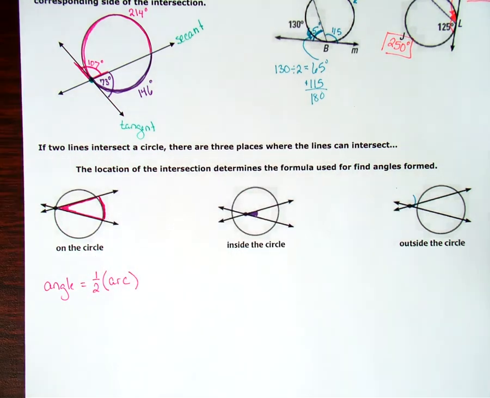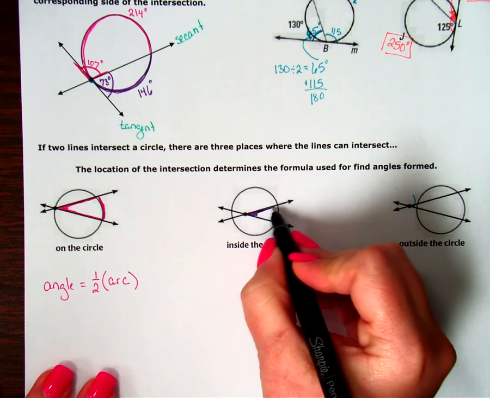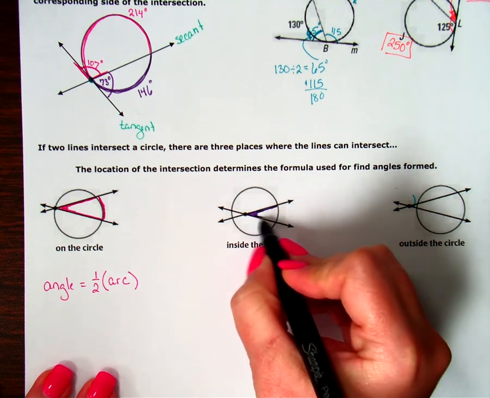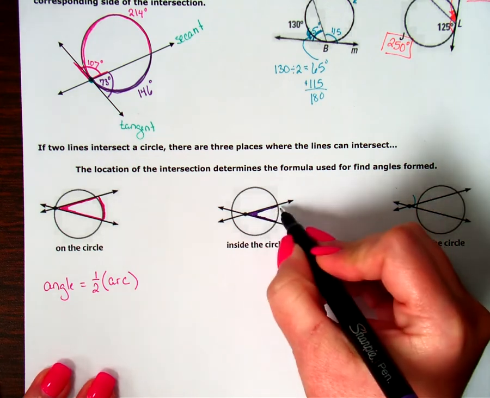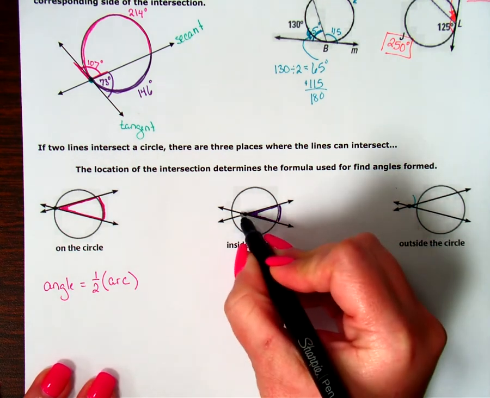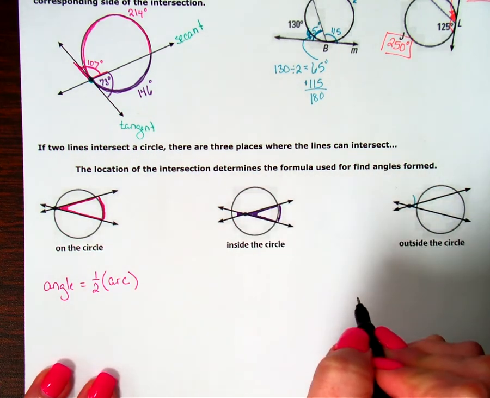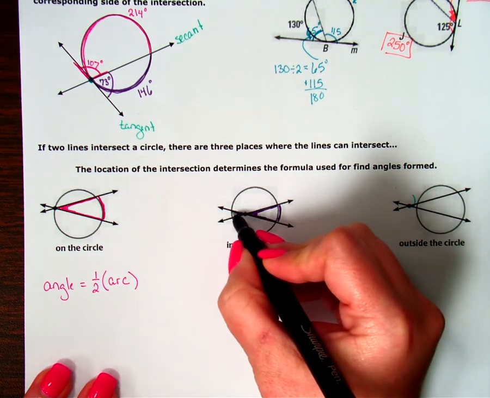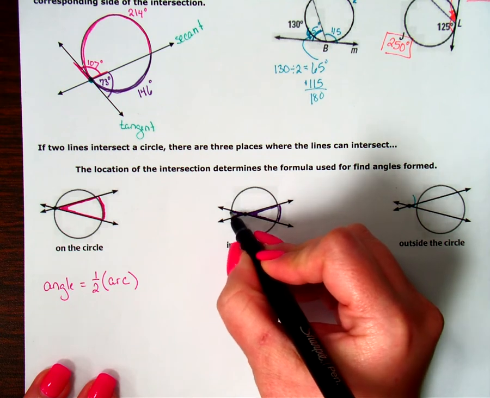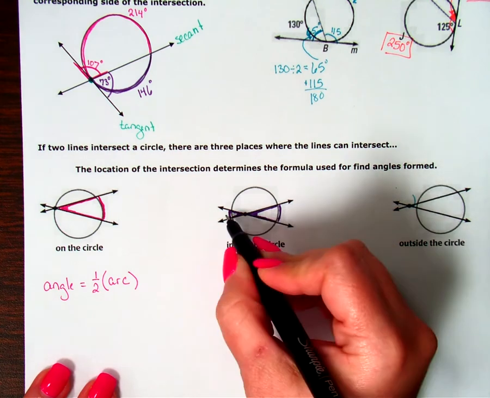Okay, if we're inside the circle, it's a little bit different, because if I come out from this angle and on both of these rays, I can see I intercept this arc here. But if I look at the vertical angle, the congruent angle on the other side, it goes out and it intercepts this little arc over here.